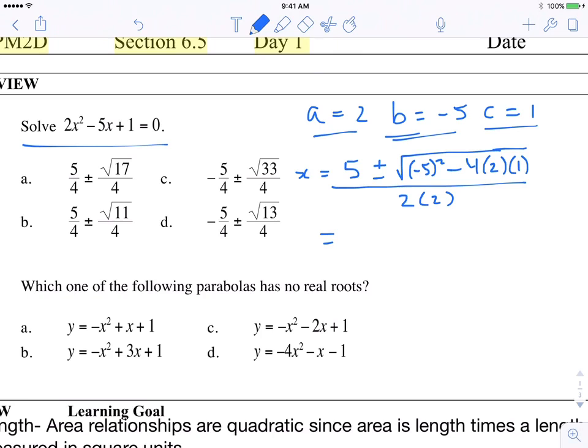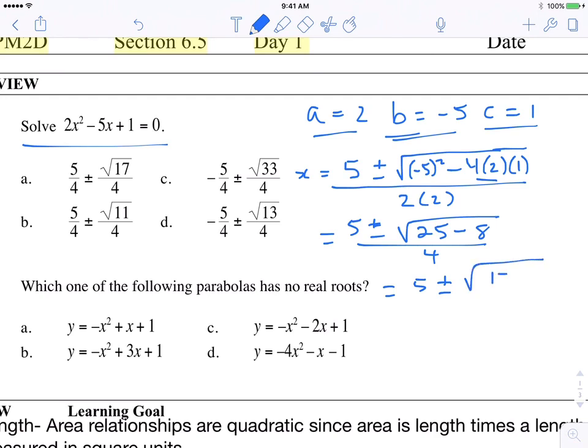In this case, we get 5 plus or minus the square root of 25 minus, and 4 times 2 is 8, times 1 is still 8, all over 4. And that's going to equal 5 plus or minus the square root of 25 minus 8.